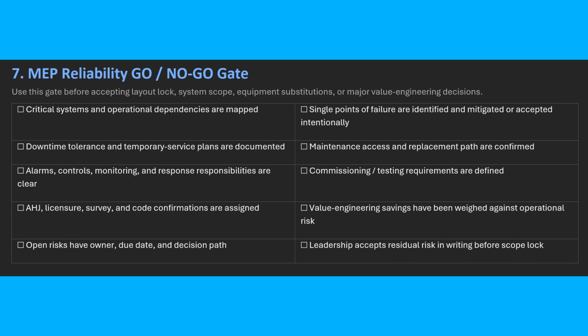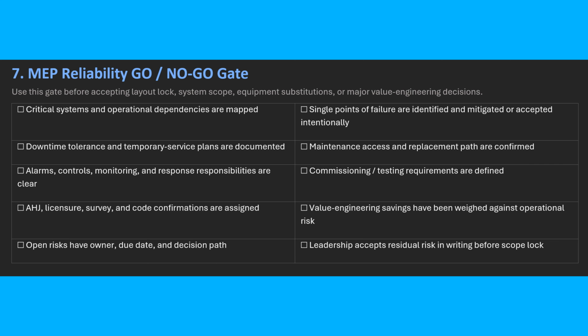Now we want to use the go or no-go gate. A decision is a go only if the critical systems and the operational dependencies are mapped. Single points of failure are identified, downtime tolerance and temporary service plans are documented, maintenance access and replacement paths are confirmed, alarms and controls are clear, commissioning requirements are defined, and the AHJ and compliance confirmations are assigned.